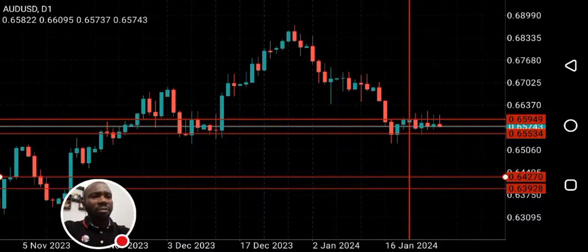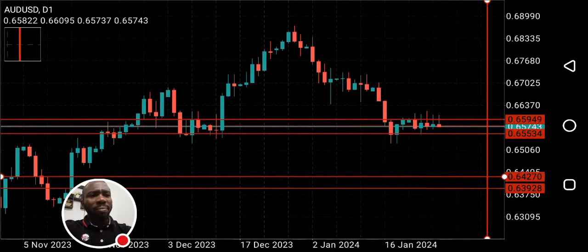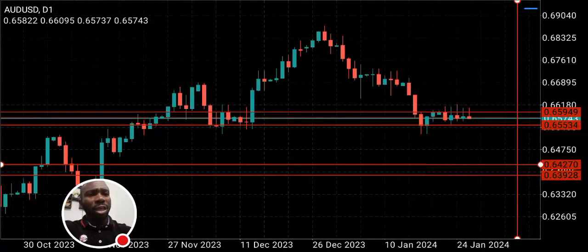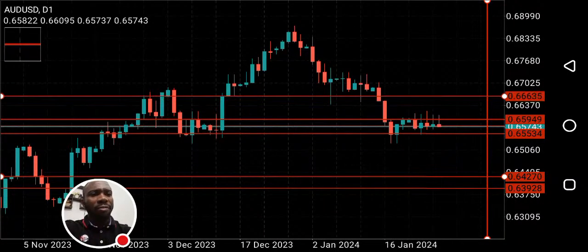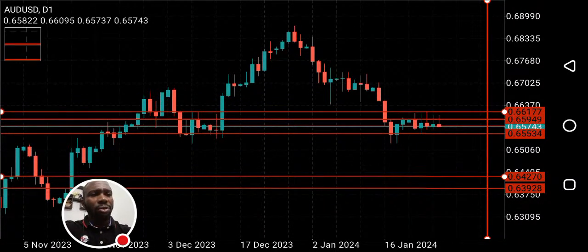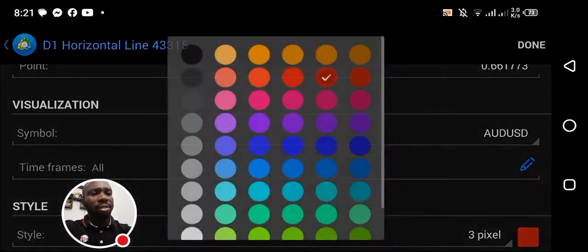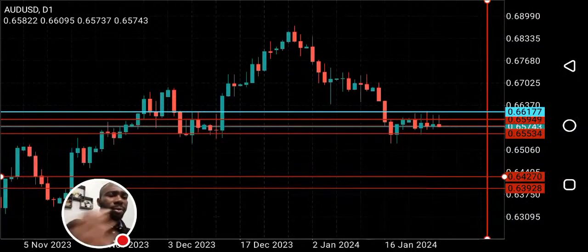And if I would buy Australian dollar USD, a candle must close above the highs of all these candles, which is this. This is where I will consider buying.